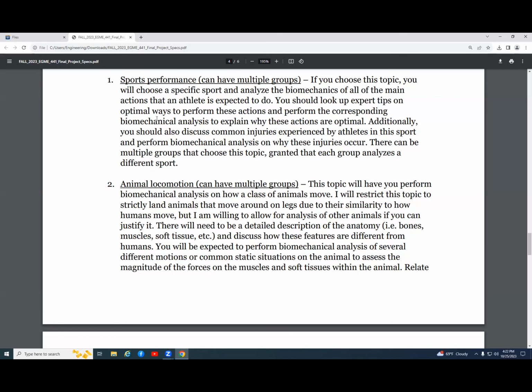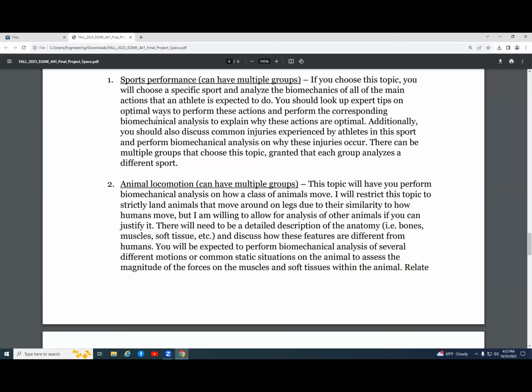Okay, so topic 1 is sports performance. We can have multiple different groups for this. One topic that's really interesting is that when you're talking about a competitive sport or a sport in general, those athletes have to train their bodies in a particular way to make sure that they can perform well in their sport.